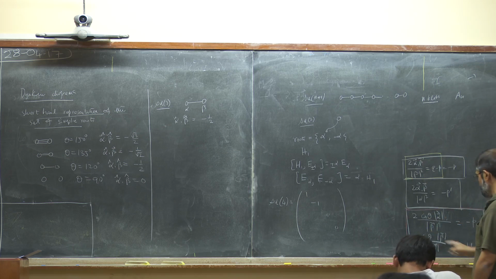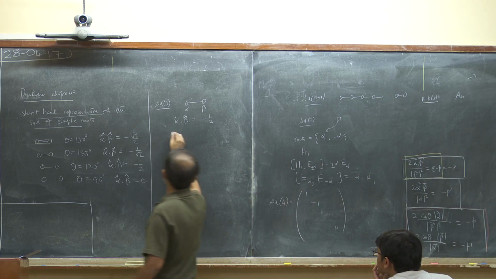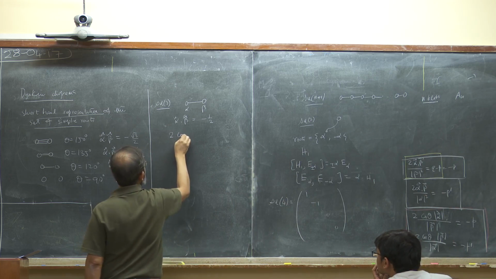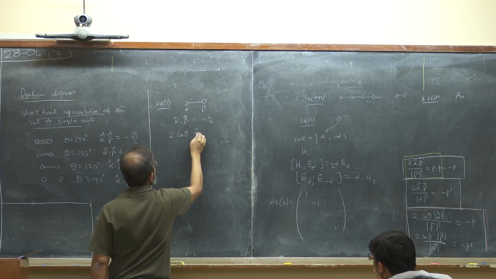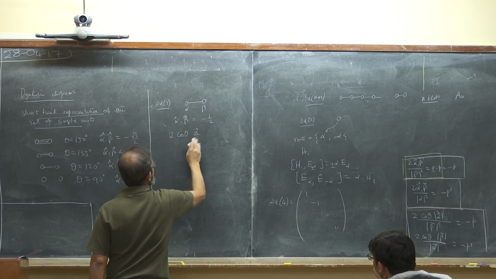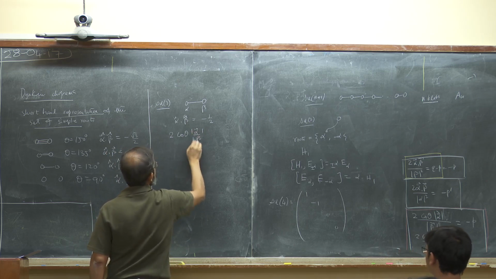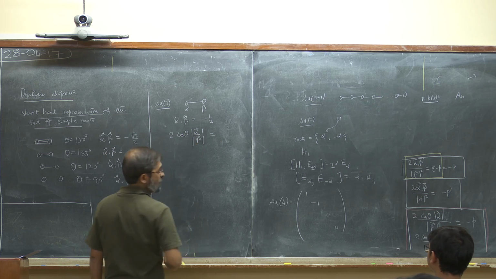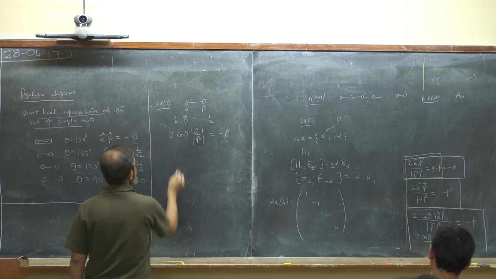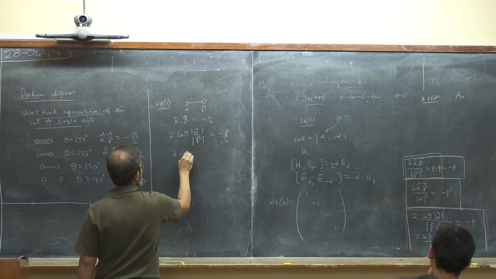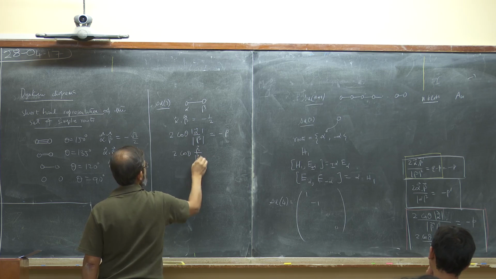Now I can use these facts that 2 cos theta, alpha over beta, is equal to minus p, and 2 cos theta, beta over alpha, is equal to minus p prime.